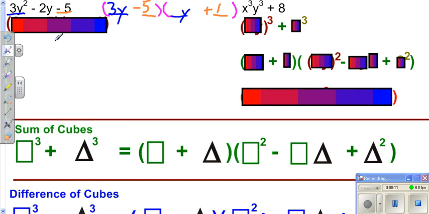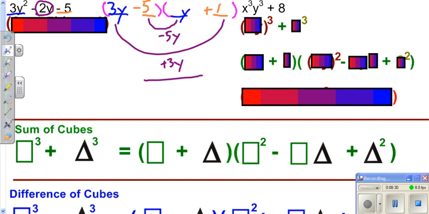What we need to do now is to check our inner terms and our outer terms to see if we get this right here. Well, in this case, I would get a minus 5 here when I do this. And I would get a plus 3 here, which when I add those together gives me a minus 2y.